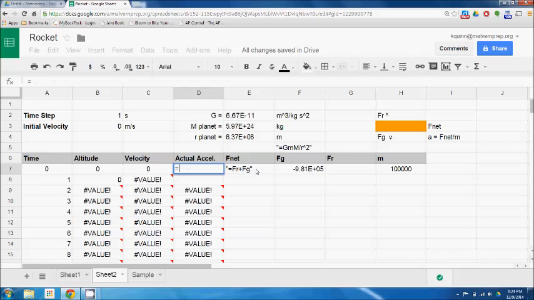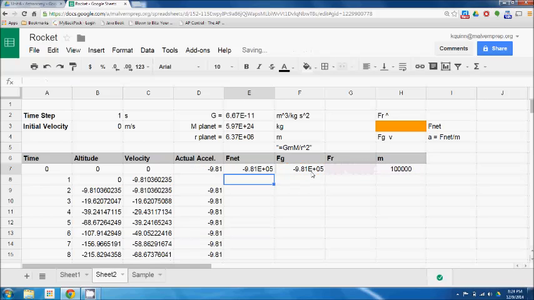Acceleration equals F net divided by m, and both of those change, so I don't need absolute references. F net is equal to F gravity plus Fr. So here we are, back where we started.